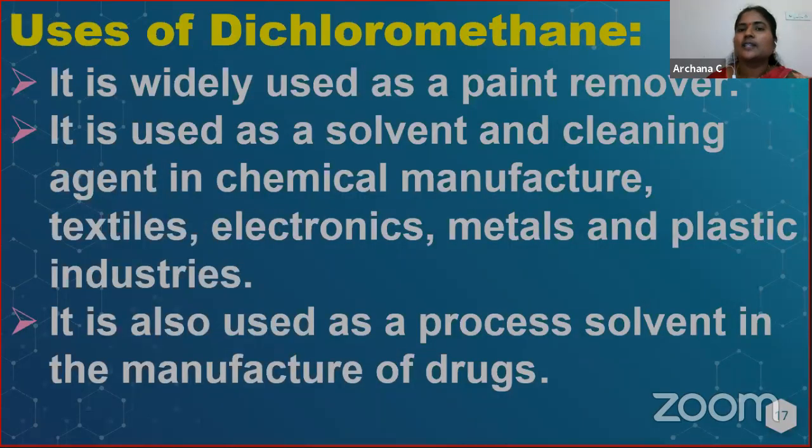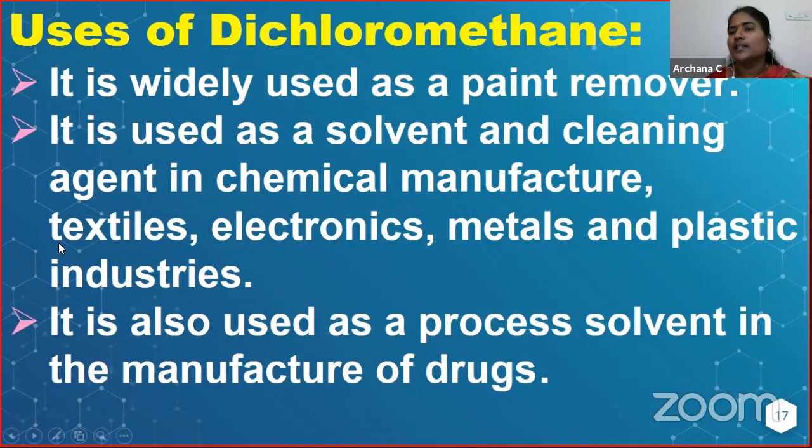Next we will discuss where we are using dichloromethane. We use this widely as a paint remover. For the removal of paint, this is a general example. Also, as I told, these compounds are used as a solvent for many organic compounds.